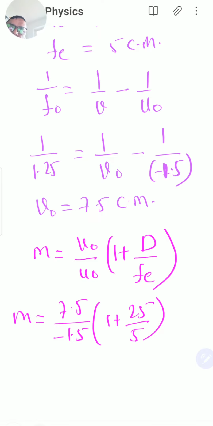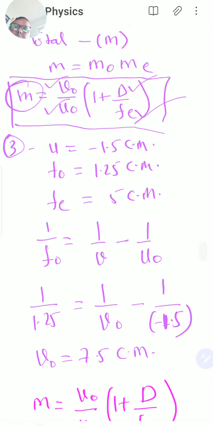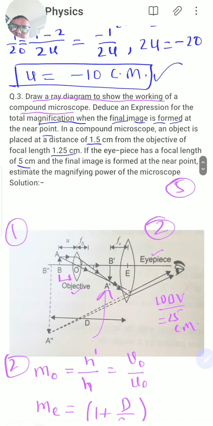I am just pausing the video and calculating. After doing the calculation, we got the value minus 30. So that is the magnification done by this microscope with the given values.